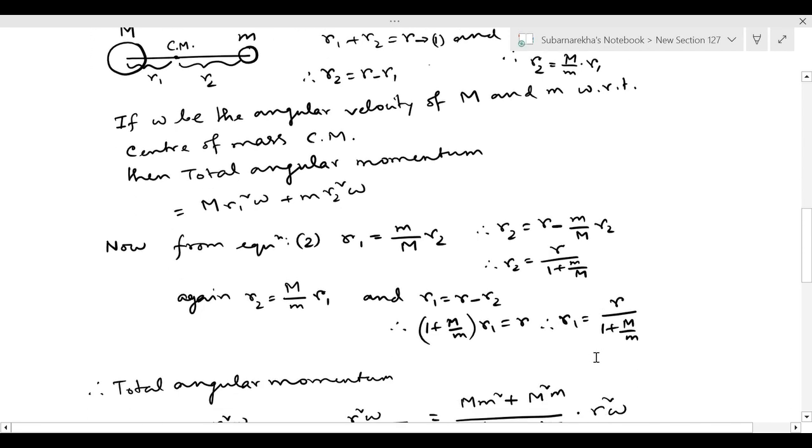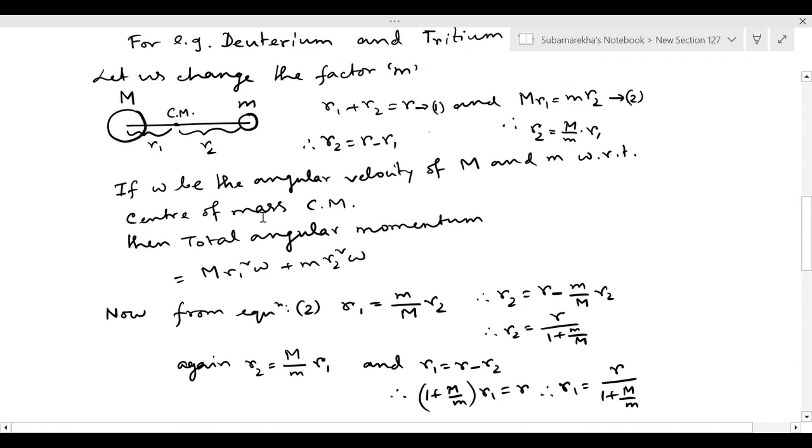When the center of mass is taken at that point, the two-body system will revolve about it, either anticlockwise or clockwise, with angular velocity omega. Then the total angular momentum of the system is capital M r1 square omega plus small m r2 square omega.